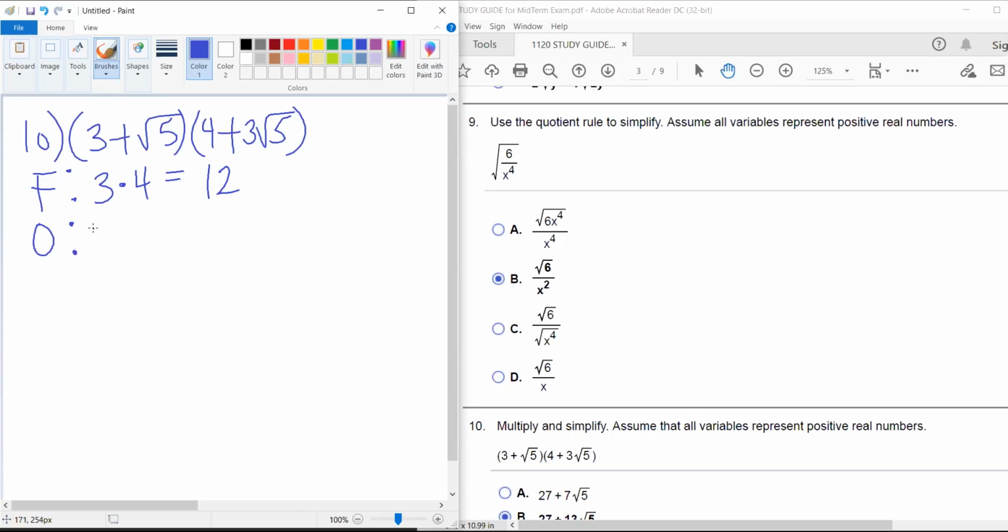And I think of my problem as a building. Most buildings have an entrance and an exit. So your outer term, your entrance is 3, and your exit is 3 square root of 5. So that would be 9 square root of 5.